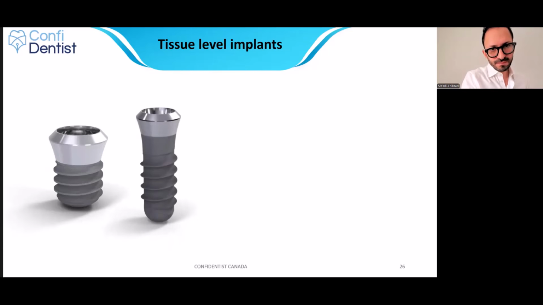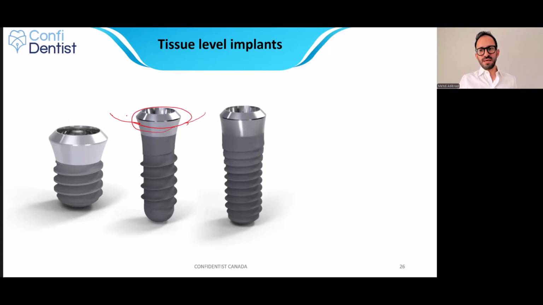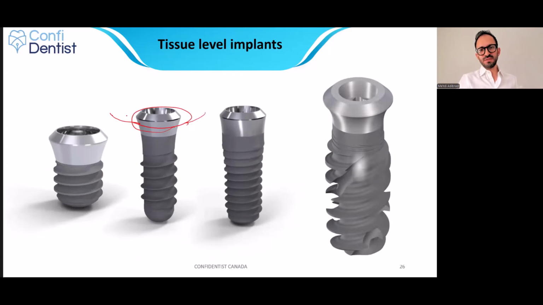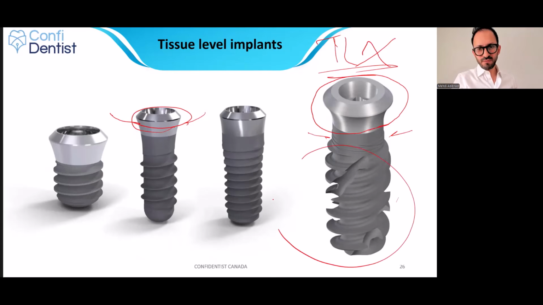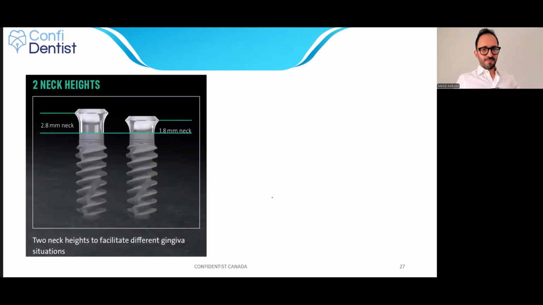Look at here. This is smooth collar, 2 to 3 millimeter. And this is the TLX. Okay. Again, 2 millimeter of a smooth collar, some micro threads, and very aggressive macro threads. You see the neck height, the smooth collar height, 1.8 and 2.8 millimeter.